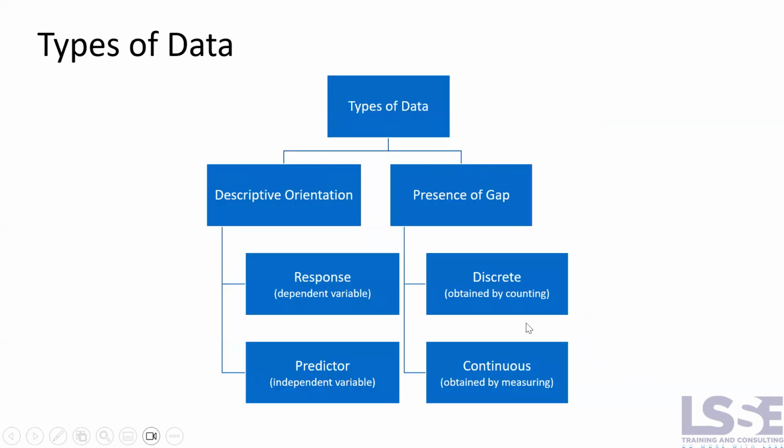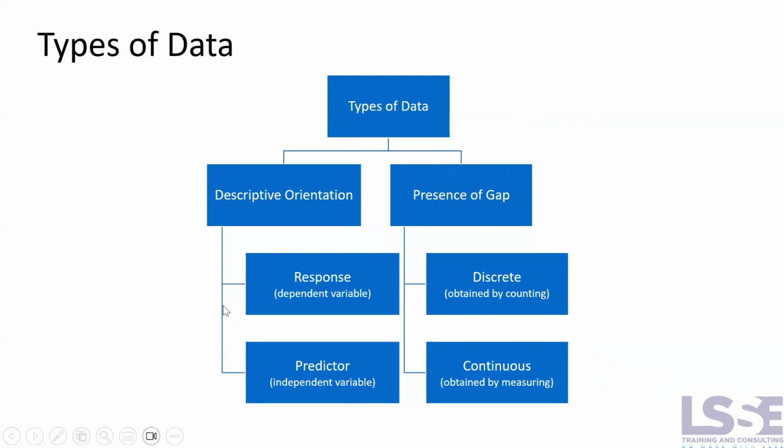But for the scope of Lean Six Sigma Yellow Belt, for now we are just going to cover the different types of data. Data is fundamental when you deal with a Lean Six Sigma project. There are two ways that you can classify types of data.